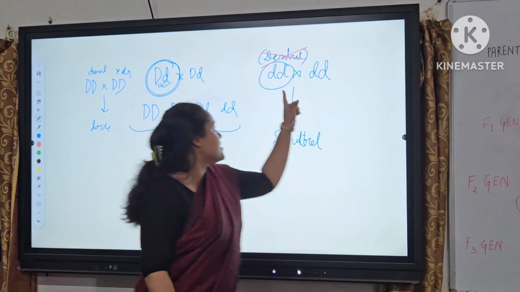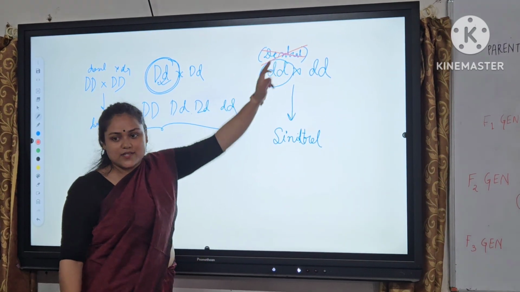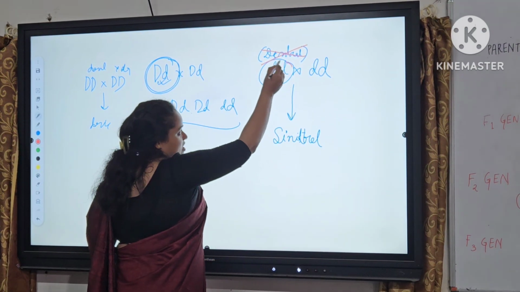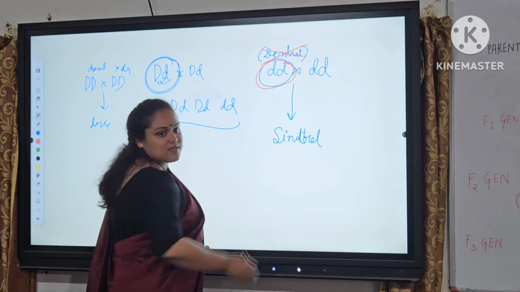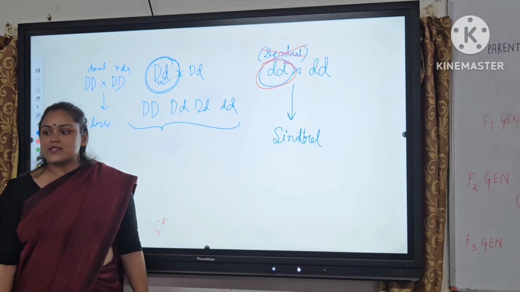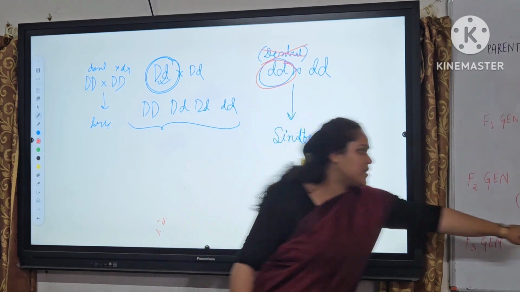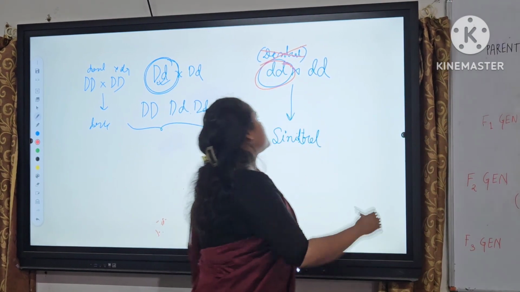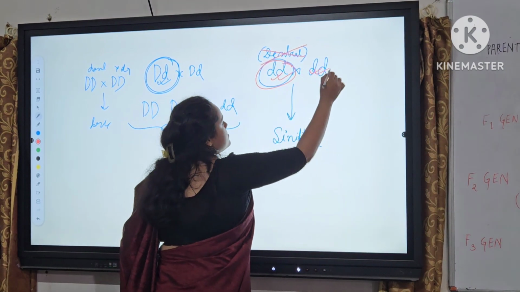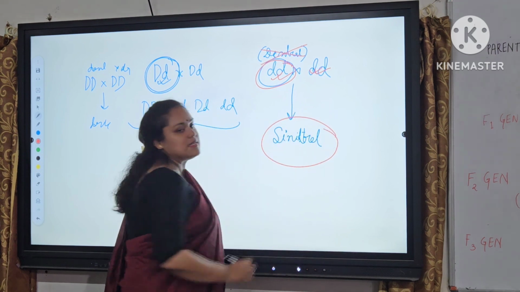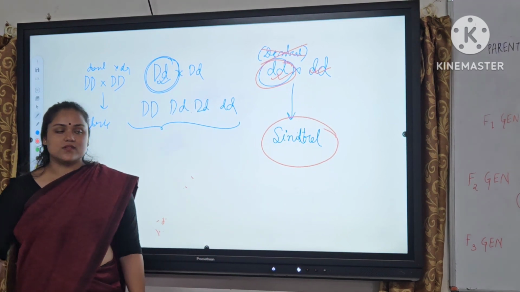But in this case, even though the phenotype was dextral, the genetic makeup of the mother was of the sinistral type. That's why in the F3 generation, in a cross between two recessive parents, we get sinistral.